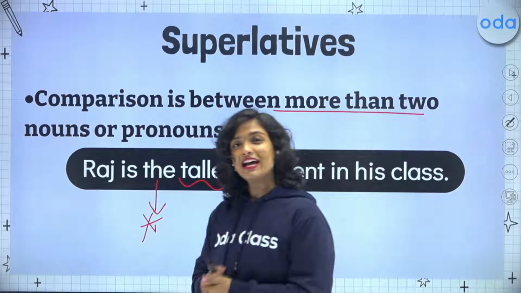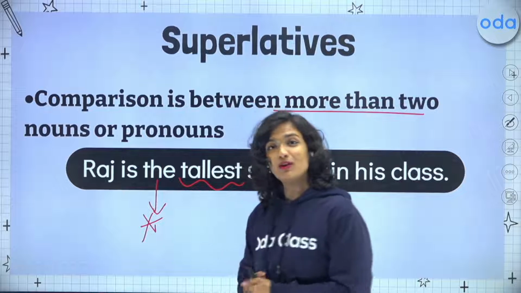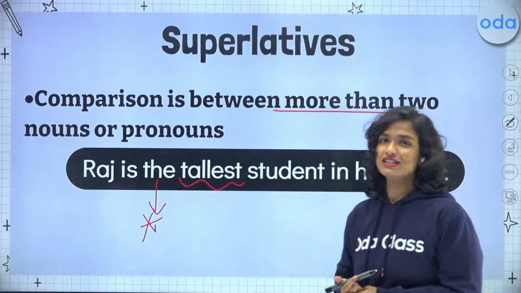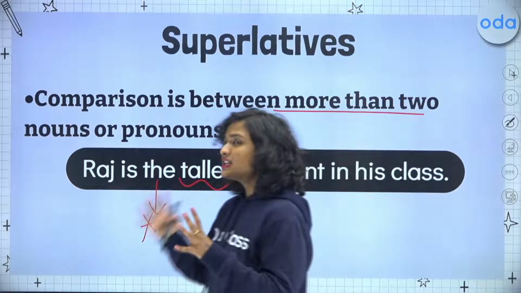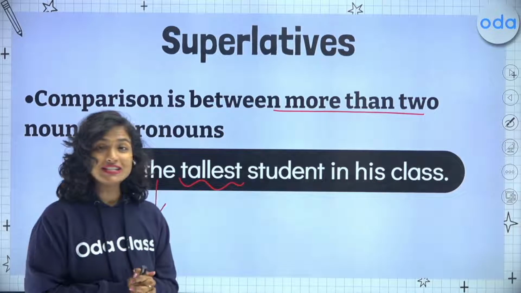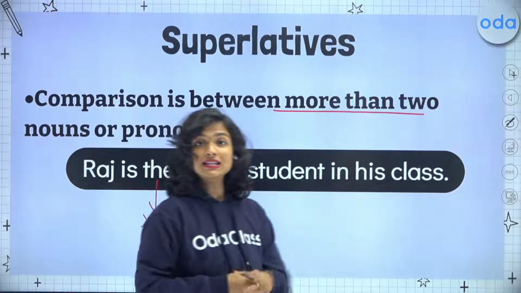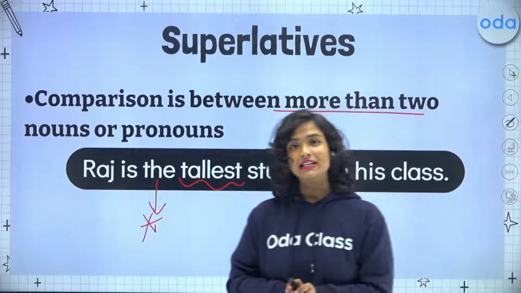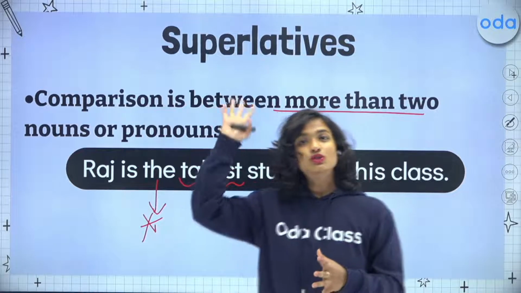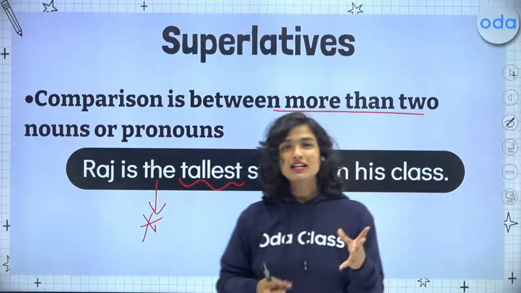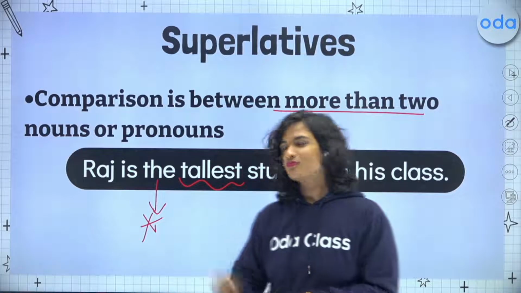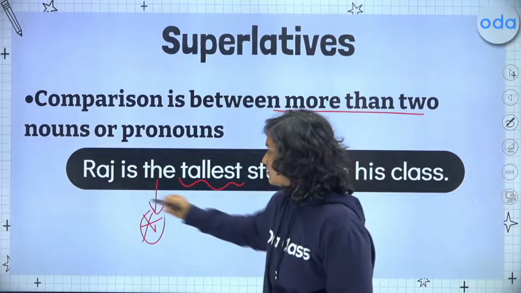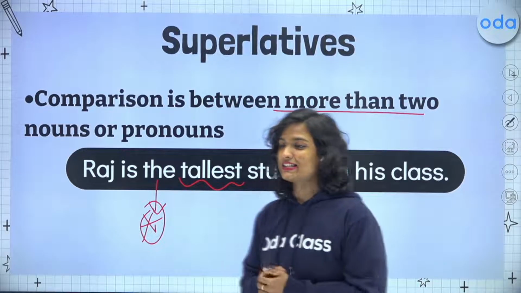So you can go take a look at that to learn a little bit more about definite as well as indefinite articles. So Raj is the tallest student in his class. We are comparing Raj's height with the height of all the other students in his class. So you see how superlatives help us make a one-to-many comparison. Raj is the tallest student in his class.